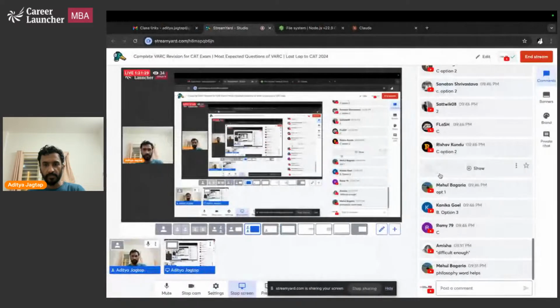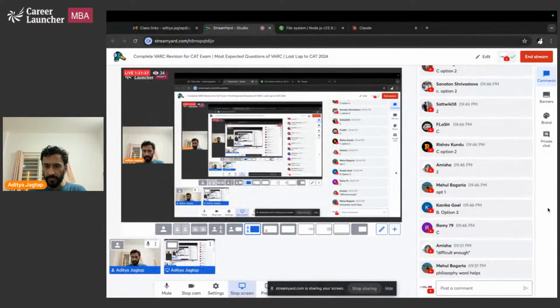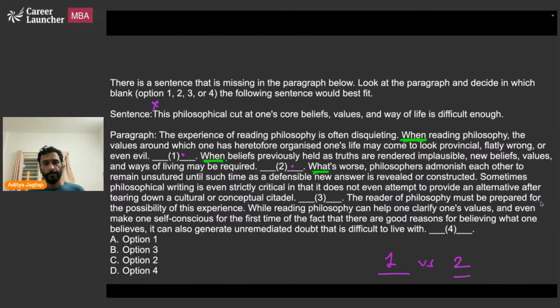Any piece of evidence, everyone? Difficult enough, right? So what does difficult enough tell you, Mehul? Others, if you're choosing between options 1 and 2, what words help you make that choice?